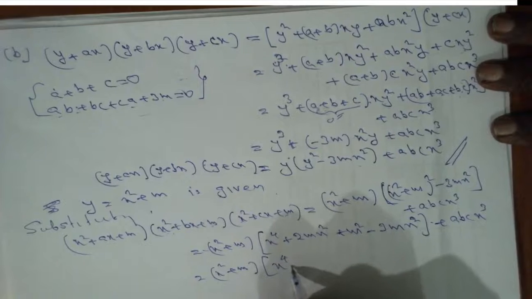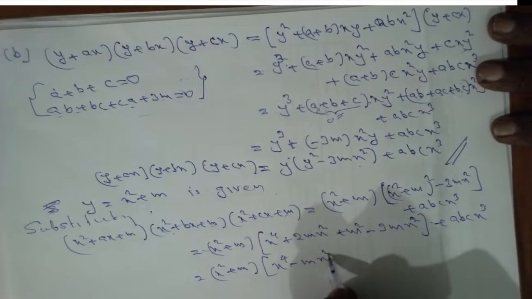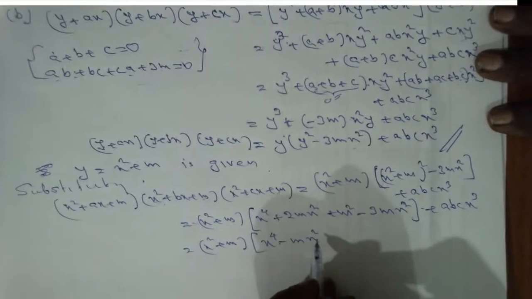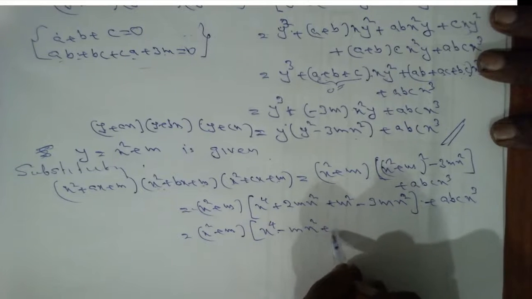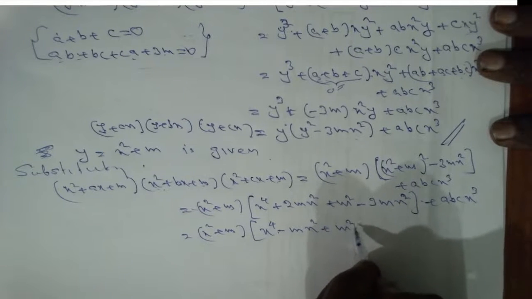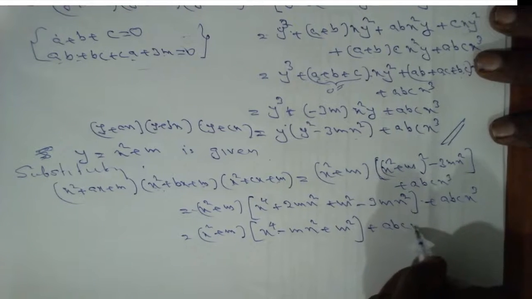X to the power of 4 minus mx squared plus m squared plus abc x cube.